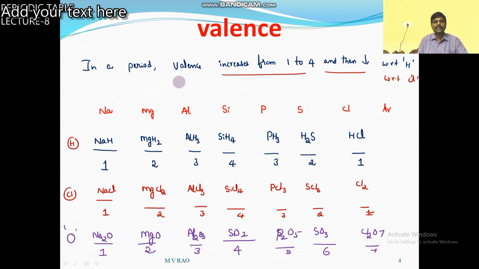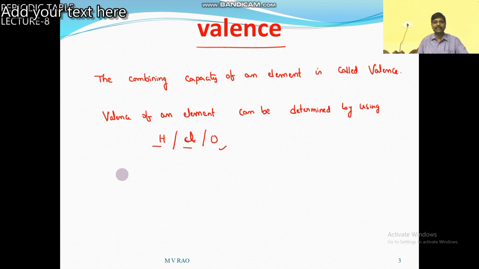So, with respect to oxygen, valency increases from 1 to 7. In a period valency increases, but in a group valency remains the same.